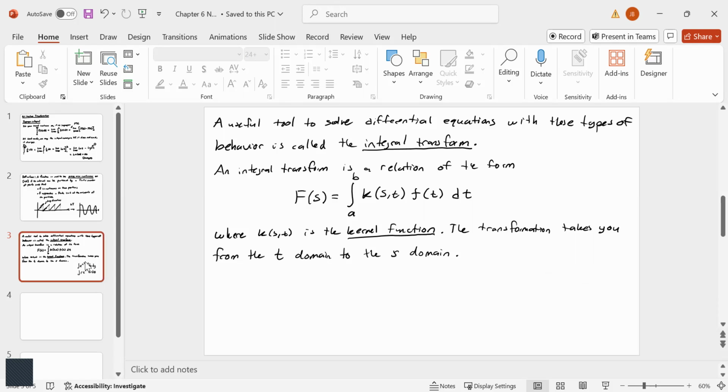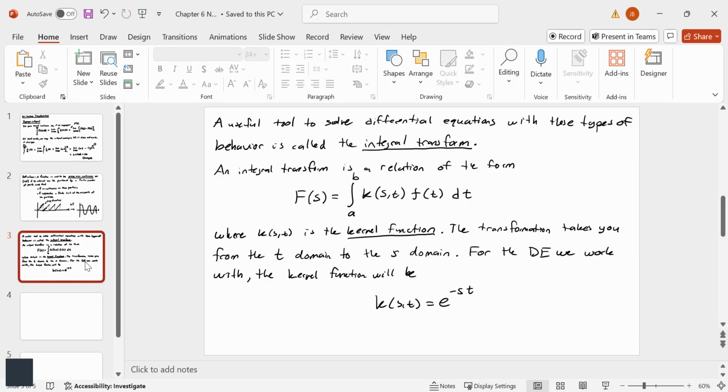So what's the kernel function we're going to work with? Well, it's going to be this one. For the differential equations we are observing, the kernel function will be an exponential function, which is kind of nice because it's not a difficult function to deal with: e to the negative st, where we will assume that t is greater than or equal to 0.